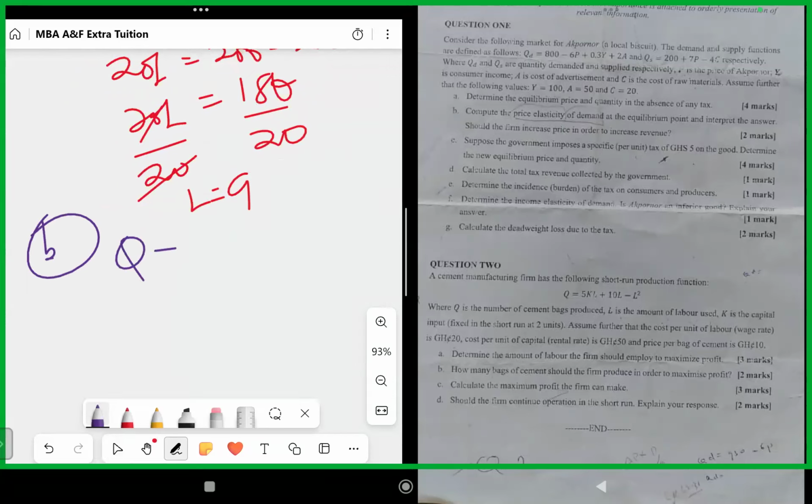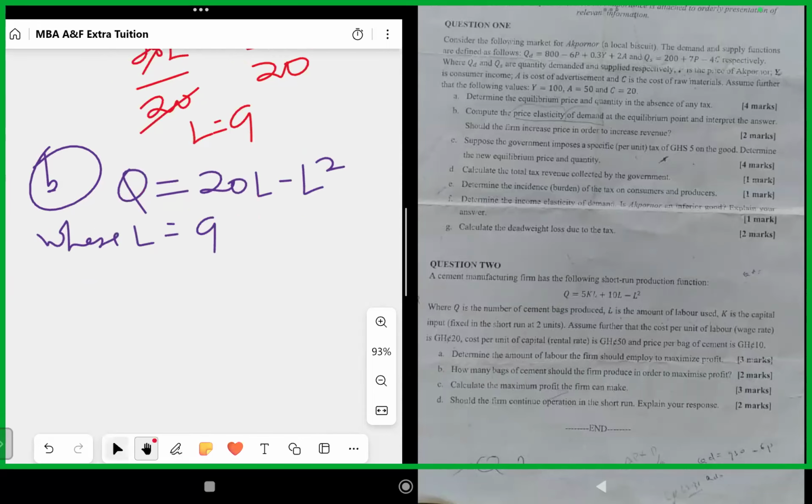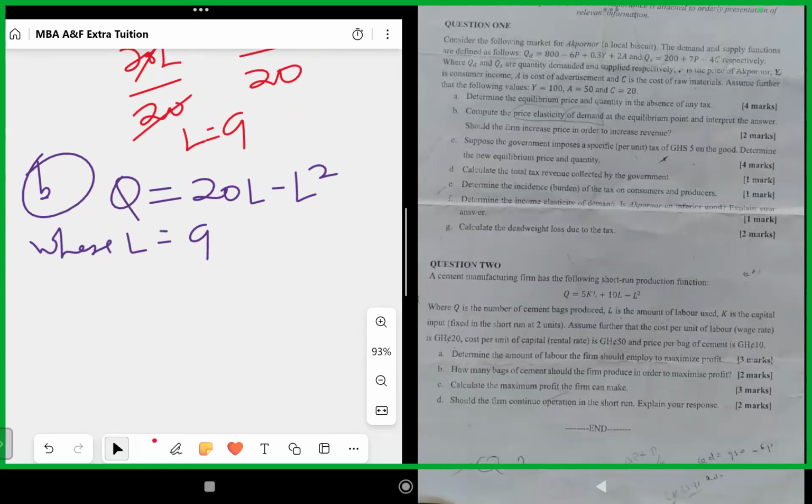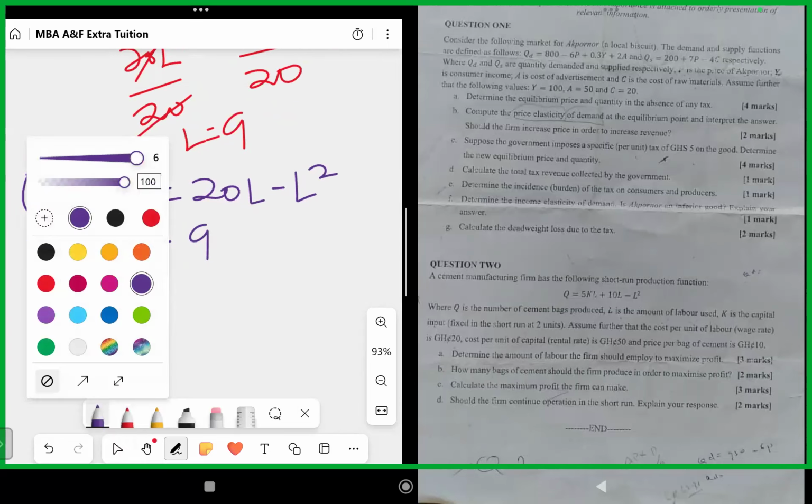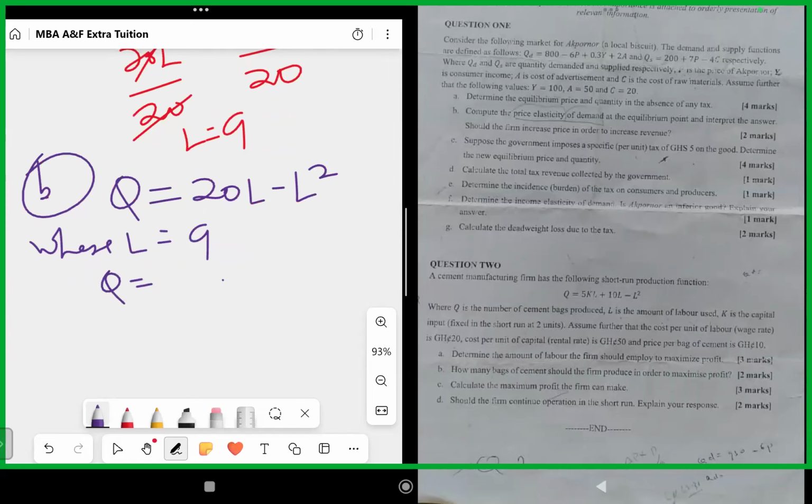So it's simple. Just write the quantity equation, which is 20L minus what? L squared. Very good. You can choose this one and call it Q, where L is what? What is the L value? Where L is 9, right? Yes. So we're going to have Q equals 20 into brackets 9 minus 9 squared.